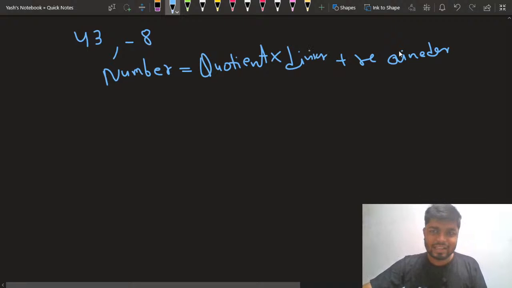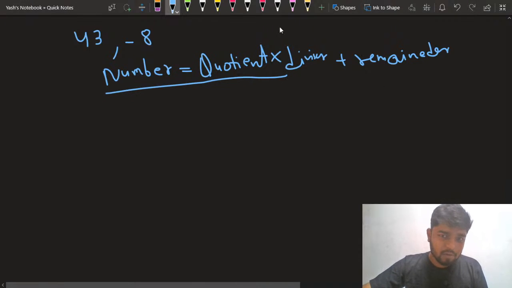Everyone agrees on this? This is how you can represent a number: you multiply the quotient by the divisor that many times and then add the remainder. In this way you can represent any number.